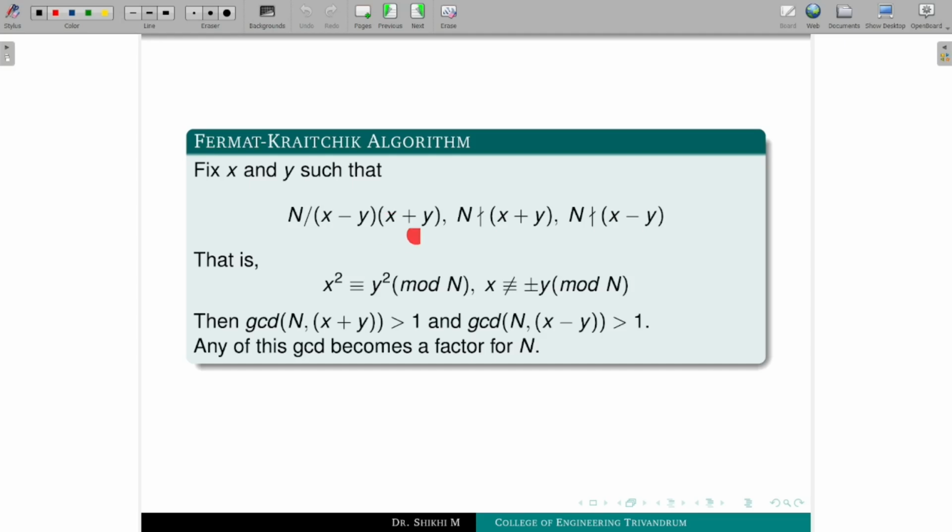So it is not possible by our assumption here. We can conclude that with these assumptions, GCD of n and x plus y is greater than 1 and GCD of n and x minus y is also greater than 1. So this GCD becomes a factor of n. GCD means greatest common divisor. So it becomes a divisor of n, and then we will get a factor of n in that way.